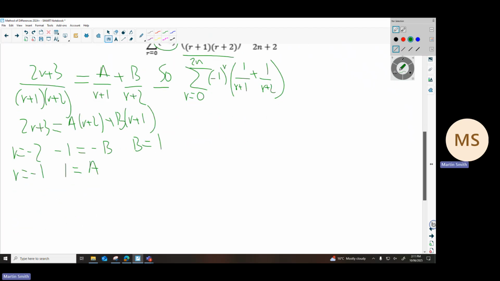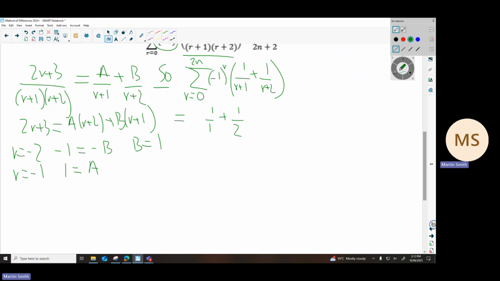So students, let's see what this is going to give us. The first term means sub in r is 0. Now minus 1 to the 0 is just 1. So when you stick in r is 0, you're just going to get 1 over 1 plus 1 over 2.